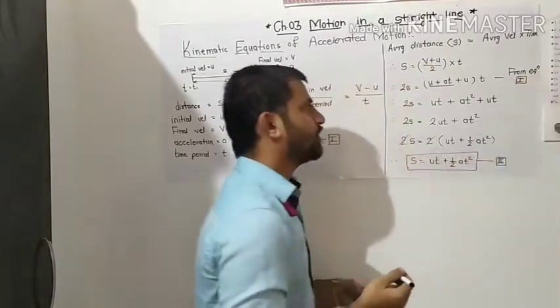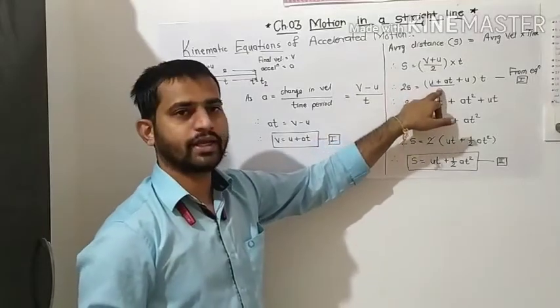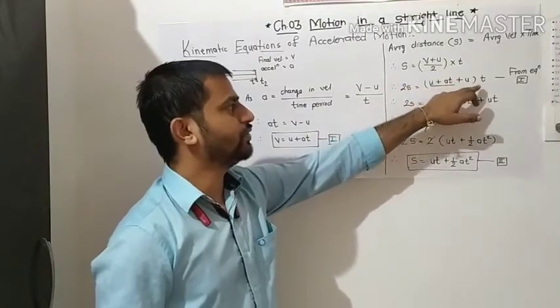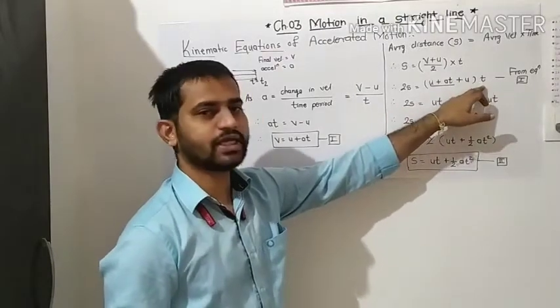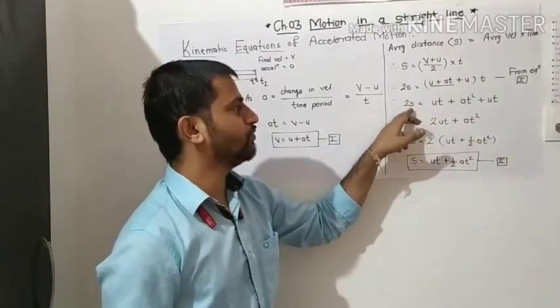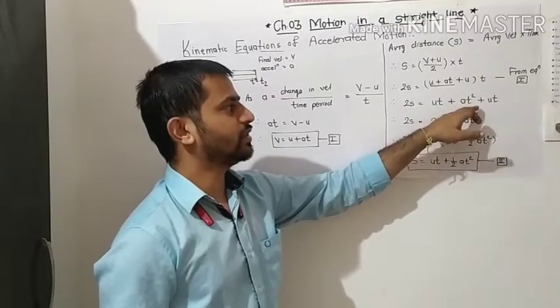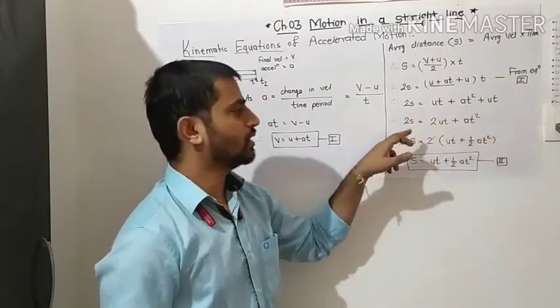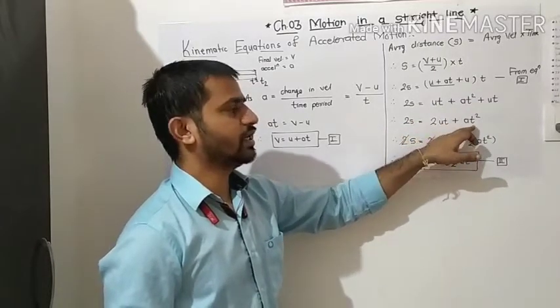From equation 1 we can write v is equal to u plus at, plus this u into t. If we multiply with this t inside the bracket, our equation will be 2s is equal to ut plus at square plus ut. Now twice s is equal to twice ut plus at square.